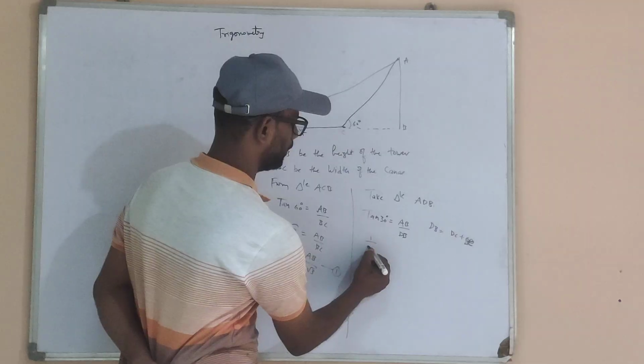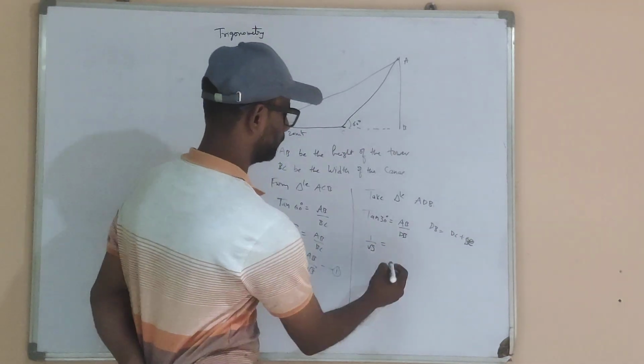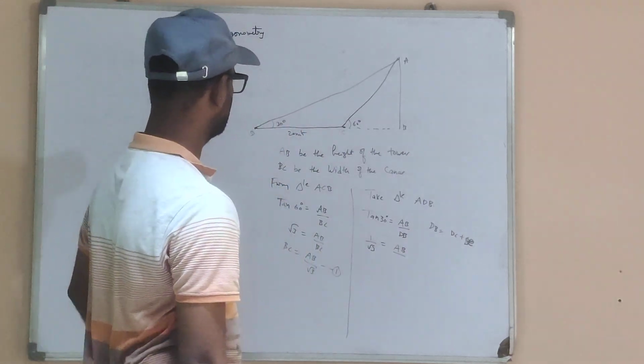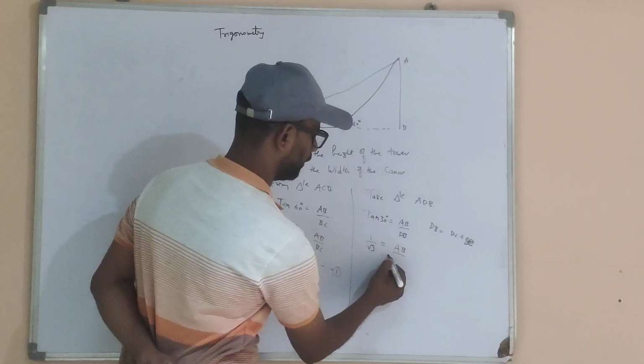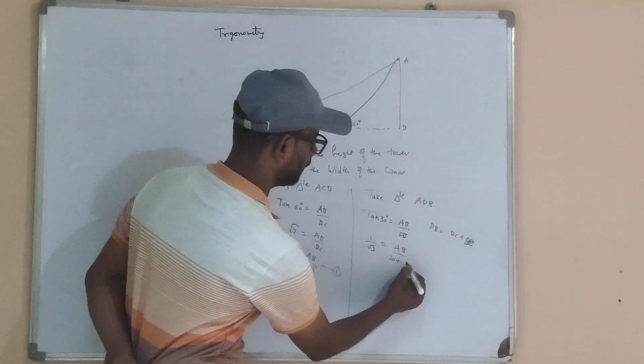So tan 30 means 1 by root 3 is equal to AB by DC plus BC. DC means how much? 20. So 20 plus BC.